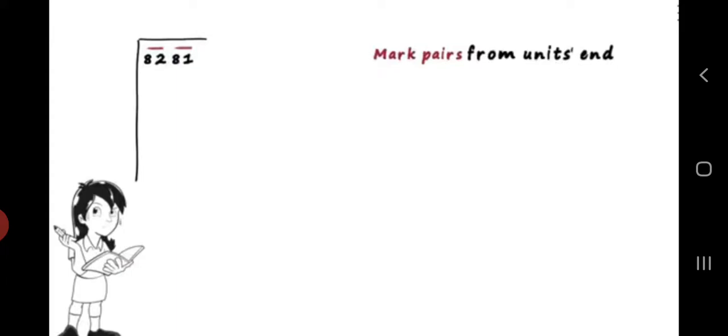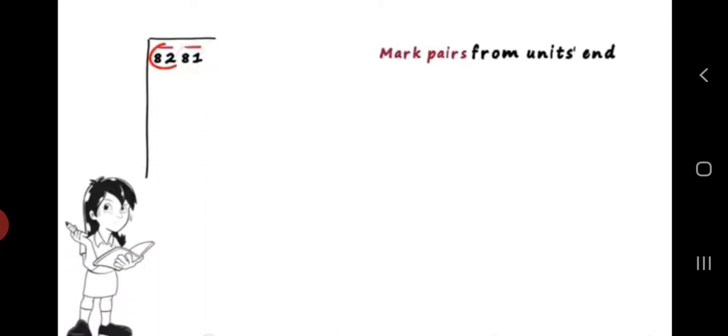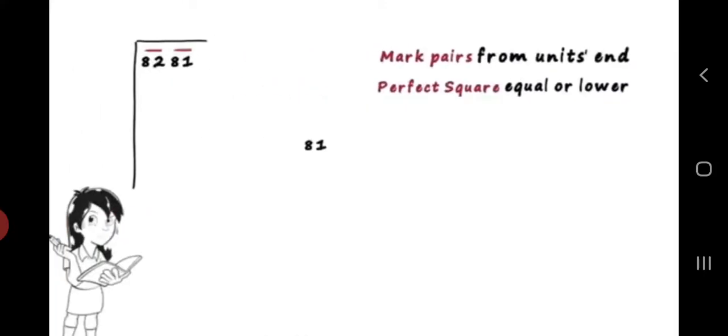You can see our next step is to take the first pair. Here the first pair is 82. So we take the first pair 82 and then find the perfect square equal to or lower than 82.